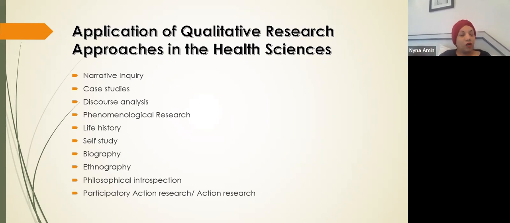And then you work with the participants and together you design a study, and they give inputs into what the intervention should be, how it will be tested, how it would be written up, and how it would be documented, and so on. So these are some very interesting ways of approaching health sciences.